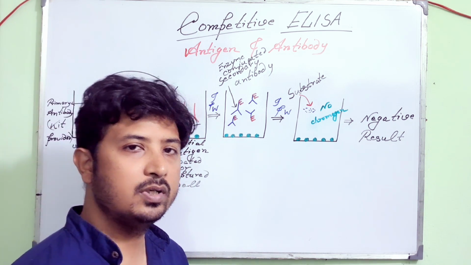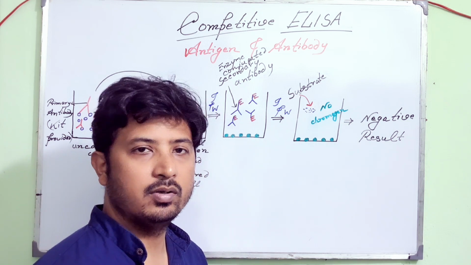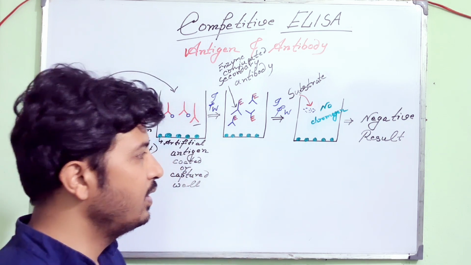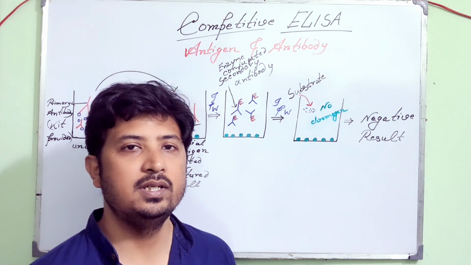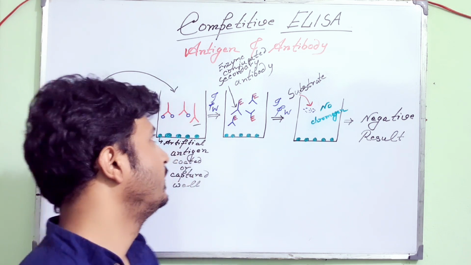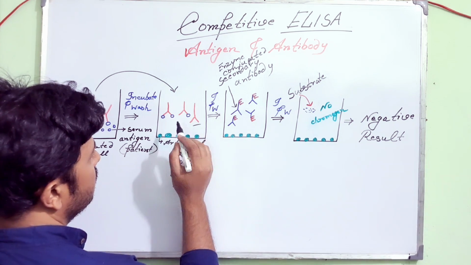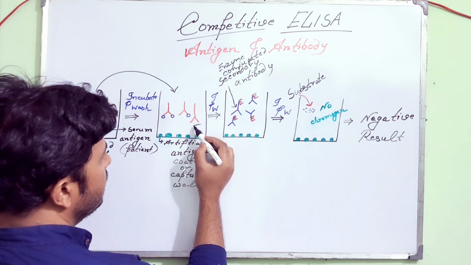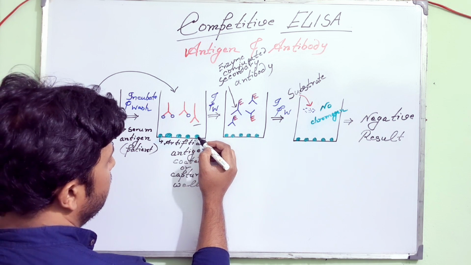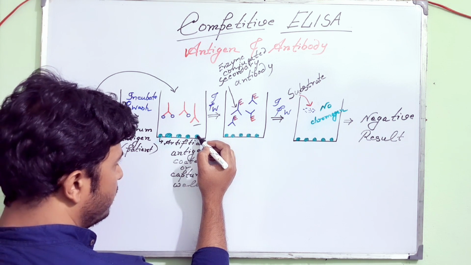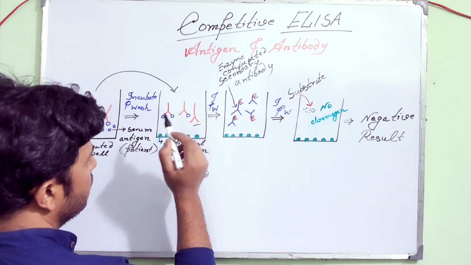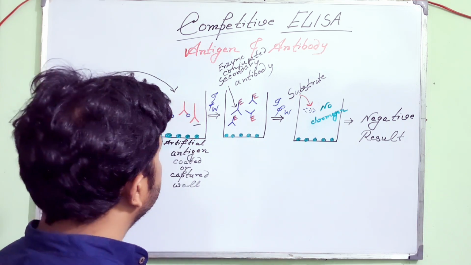That's why some antibodies are bound with the original serum antigen, and some antibodies are yet to bind the antigen. For these sites, both antigens will be competing: either it will bind to the artificial antigen or it will bind to the serum antigen.